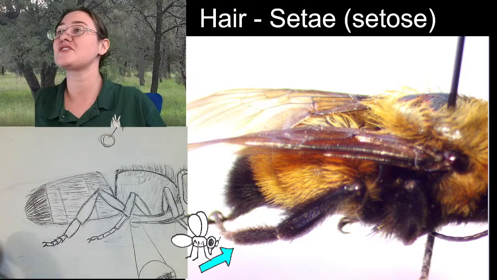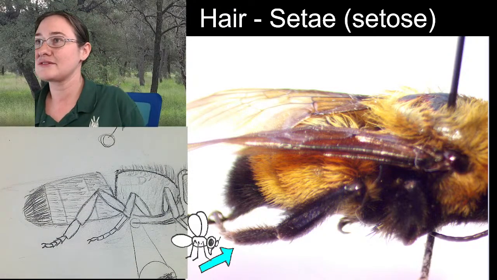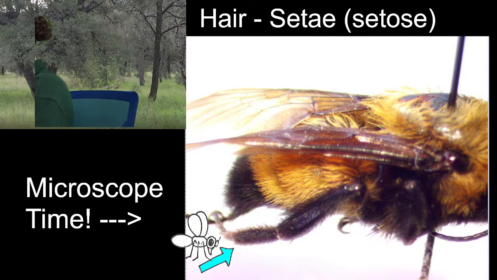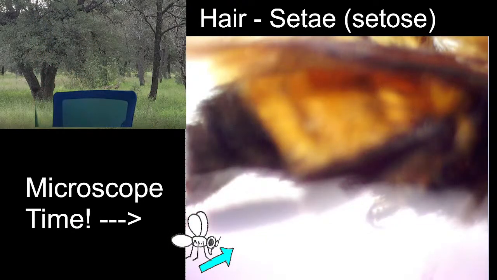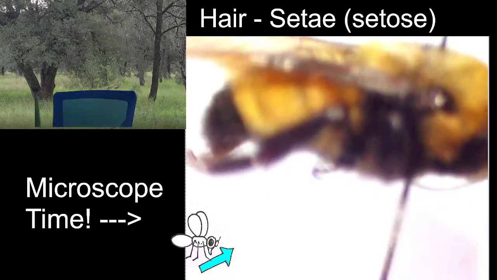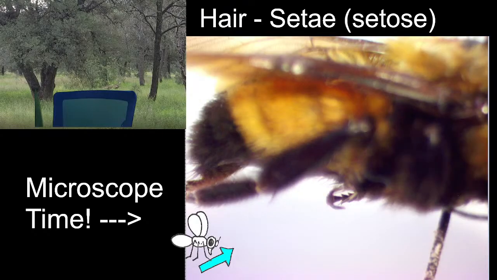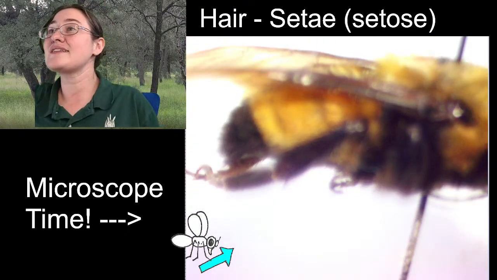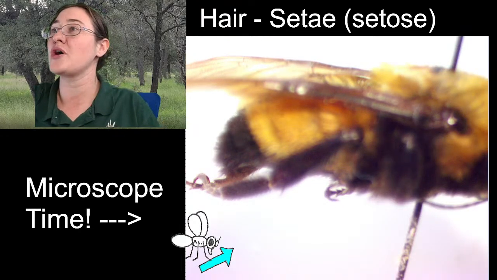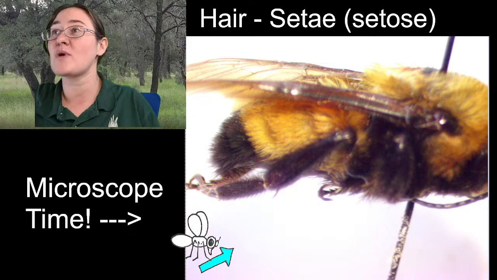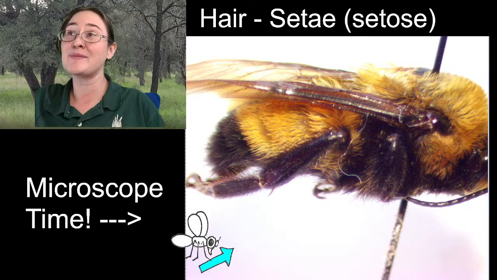All right, let's get some wings on here. He does have 4 wings, 2 forewings and 2 hind wings. Hymenopterans, or bees, wasps, and ants, are named Hymenoptera.